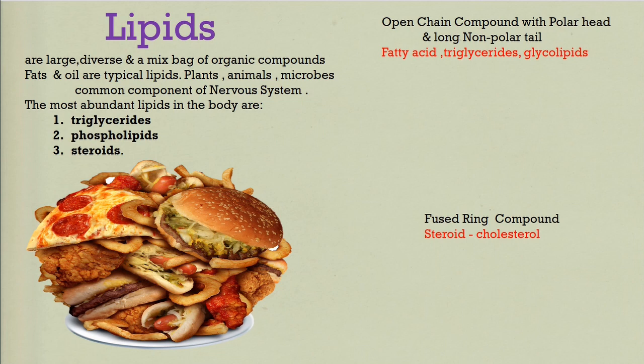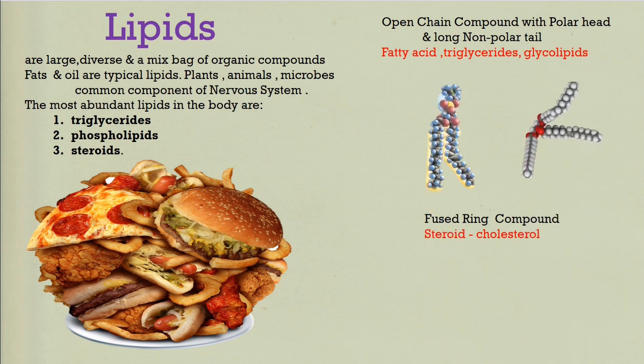Now, lipids are known for their properties, and that is based on their structural similarities and preponderance of nonpolar groups. Generally, lipids are classified into two main groups. One of those, at the right side, is the open chain compound with a polar head and a long non-polar tail.